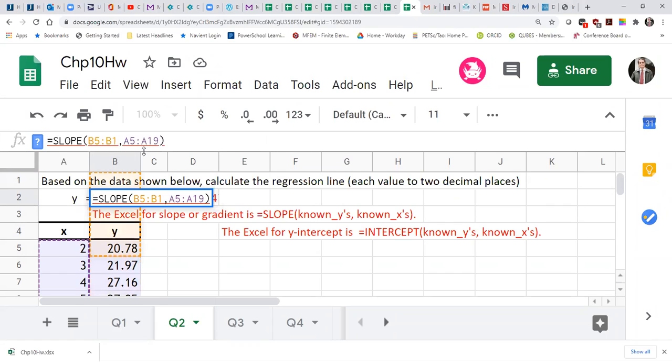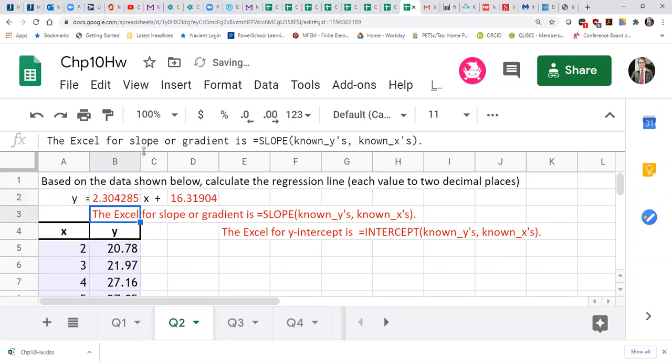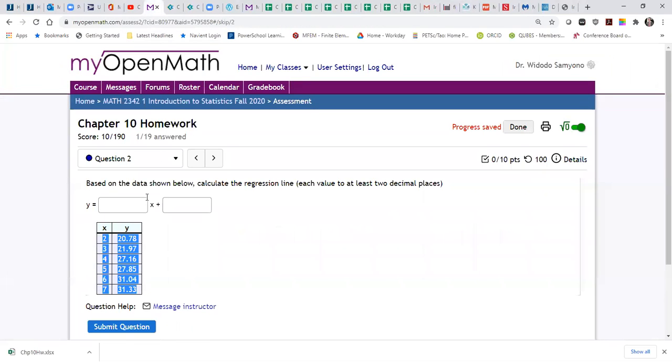So I put the Y data first. I think it's the same method, so you can flip the order. So this will be your slope or gradient, and put it here, at least 2 decimals, right? Because it says at least, so you can put everything.